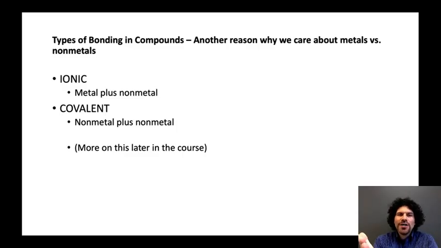Okay, so I've already talked about in the first lesson that compounds are simply elements that are bonded together in some sort. And we talked about how molecules are atoms that are linked together using chemical bonds. We're going to talk a lot more about chemical bonds later in the course, but just to whet your appetite, there are two types of chemical bonds: ionic bonds and covalent bonds.